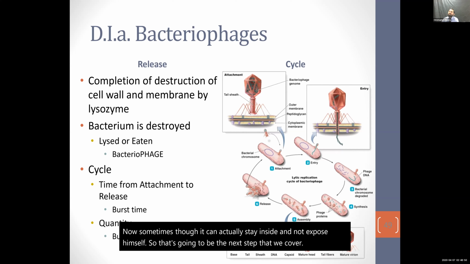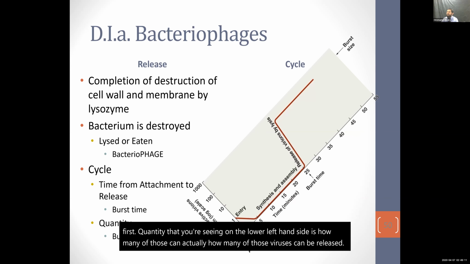Okay, but before we go on to that, just briefly remember that the time it takes from getting in to getting out, sometimes just a matter of minutes, is referred to as burst time. And how many of those viruses manage to get out is the burst quantity that you're seeing on the lower left-hand side. What you're seeing here is just like when we looked at bacterial growth, here we're looking at viral reproduction.